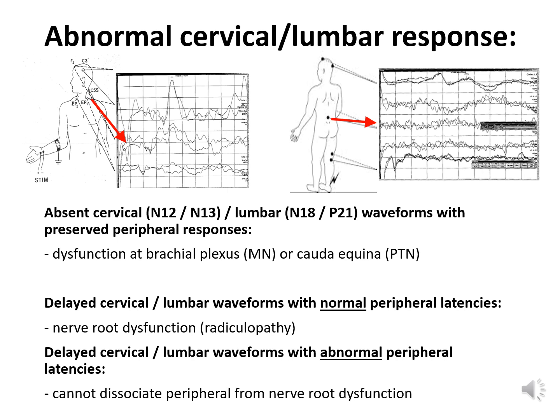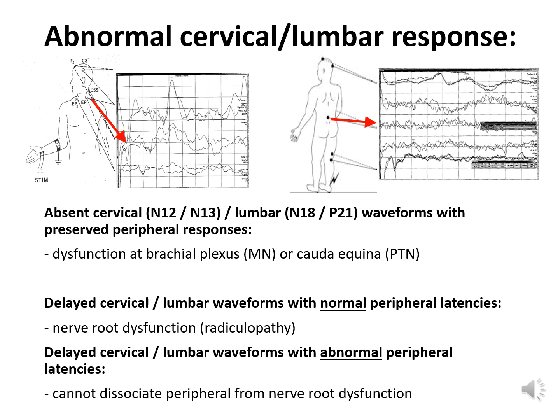If the peripheral responses are preserved and the cervical or lumbar responses are absent, then there's a dysfunction between the peripheral generator and the entry into the spinal column. For the median nerve upper limb SEP, this would suggest a dysfunction at the brachial plexus, and for the posterior tibial nerve SEP, this would suggest a dysfunction at the cauda equina.